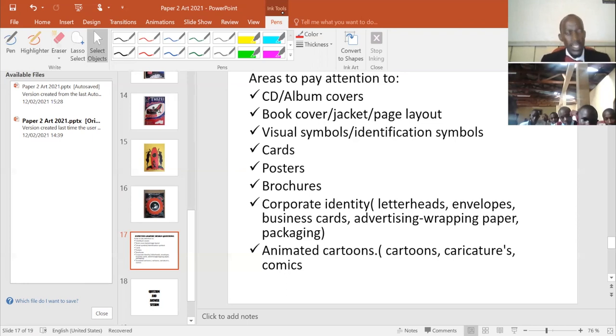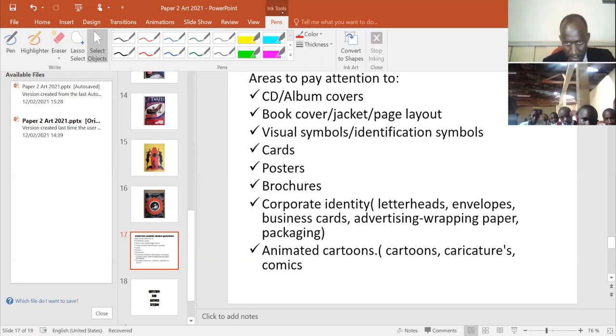Then lastly, let the candidates pay attention to animated cartoons. Most of the time, we do meet some of these in our day-to-day life, watching TVs, looking at newspapers and magazines. What are some of these animated cartoons?